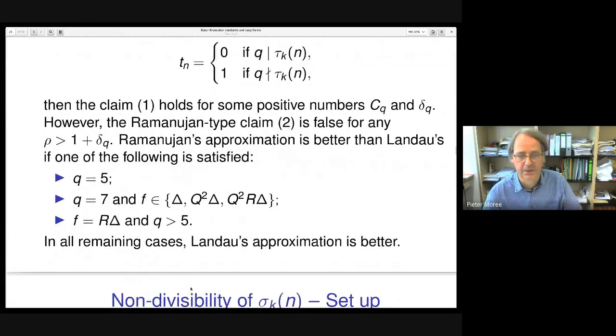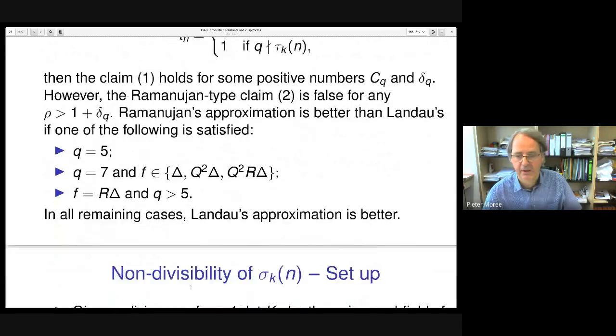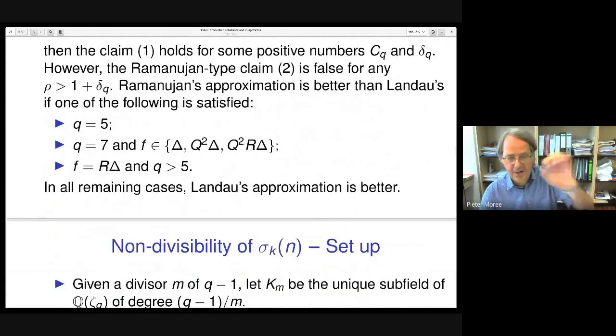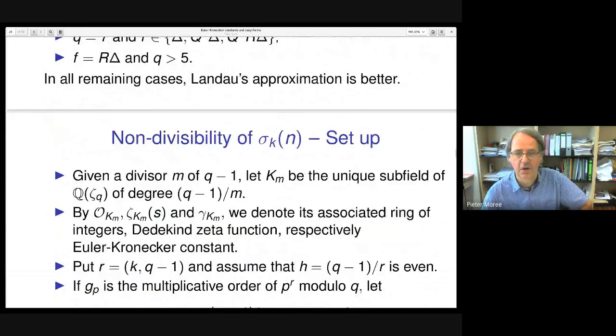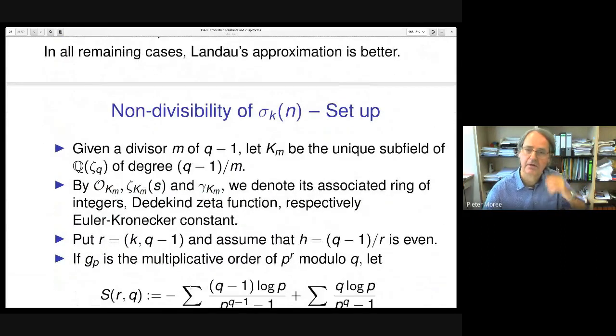So that's not really the point I want to make. But we find this as an application of the non-divisibility of the sum of divisors function. Yeah, so this is the sum of the k-th powers of the divisors of n. You sum that, and that's sigma k of n. Maybe I should have clearly written down some definition somewhere.